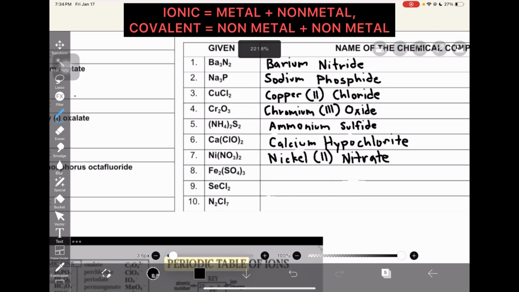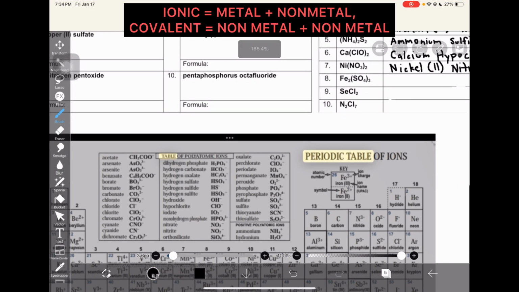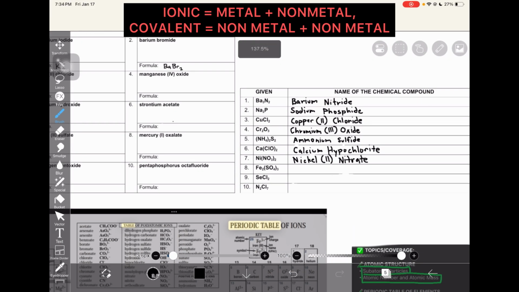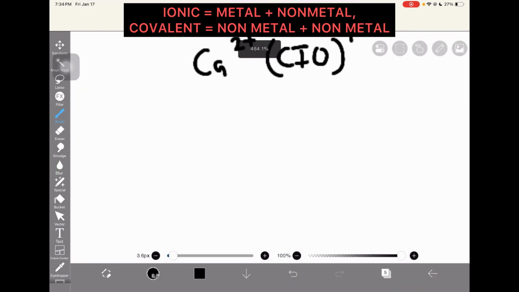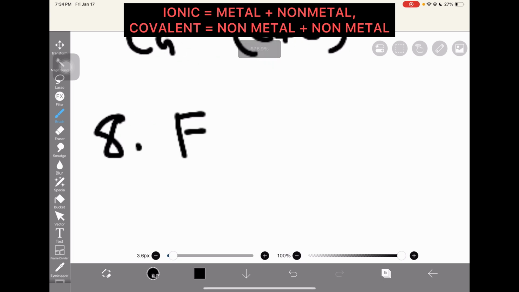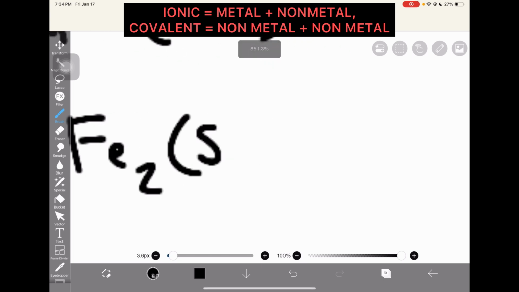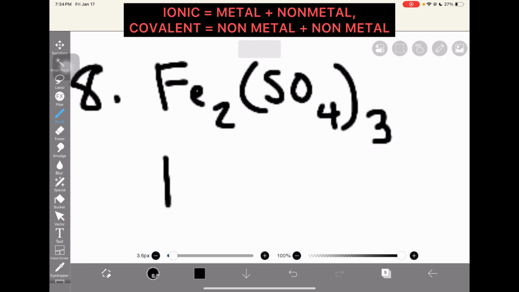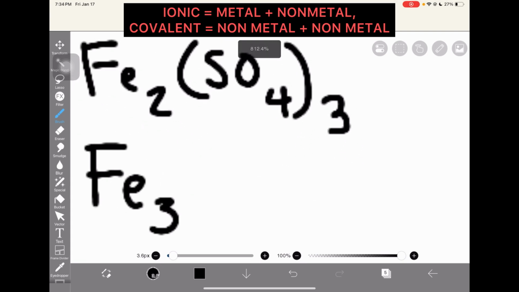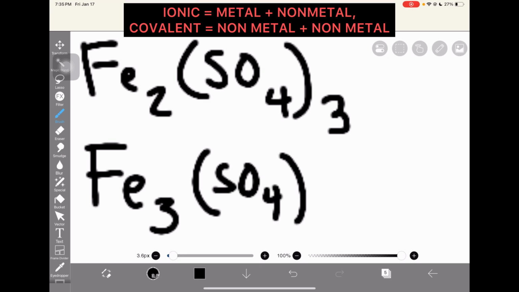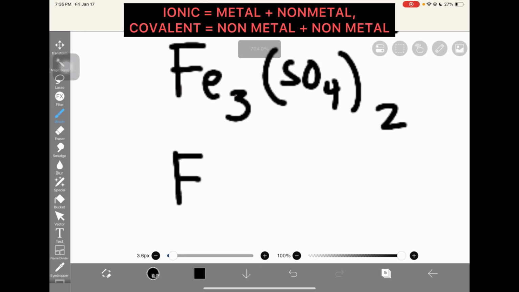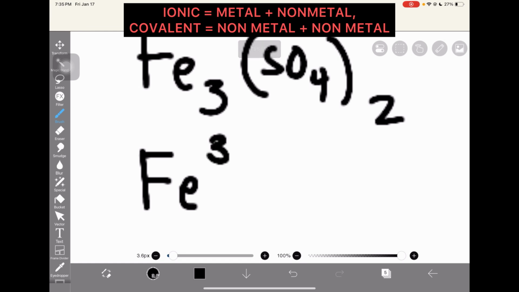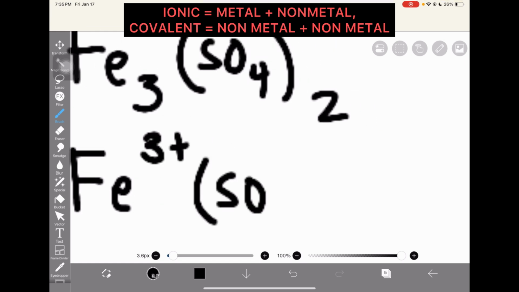Same thing here. We're going to do this again. We just need to find what SO4 is. And SO4 is sulfate. So Fe2(SO4)3. Once again, swap the numbers. So Fe3, SO4 is retained, and 2. Bring back up the numbers: Fe3 plus, SO4 2 minus.